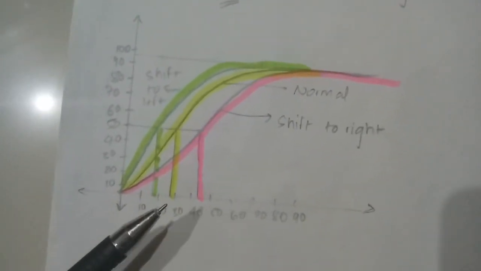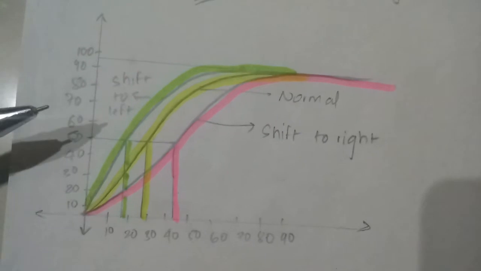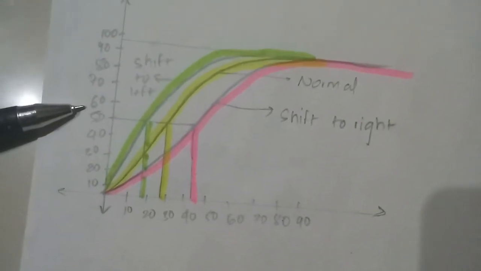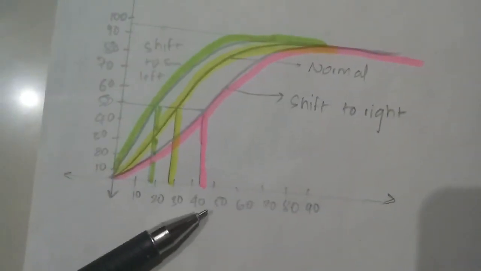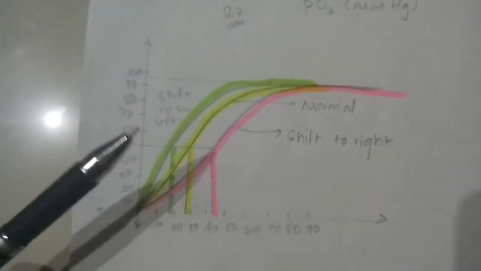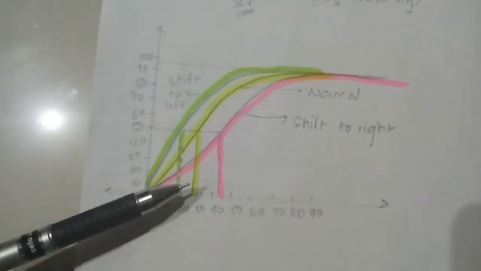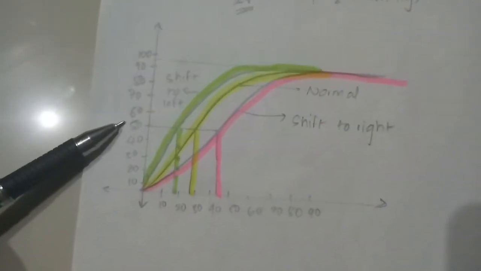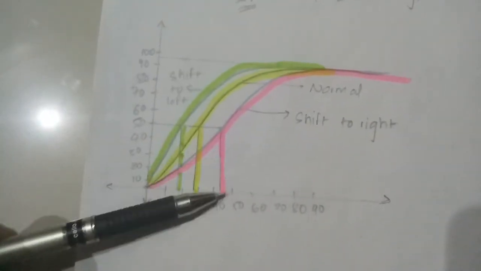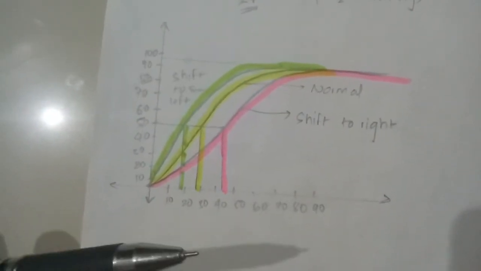Now what does this indicate? To get the same level of hemoglobin saturation, we need more partial pressure of oxygen. It means the affinity of hemoglobin has decreased. I hope I'm making sense, right? For the same 50% hemoglobin saturation, we need more partial pressure of oxygen, so the affinity has decreased.